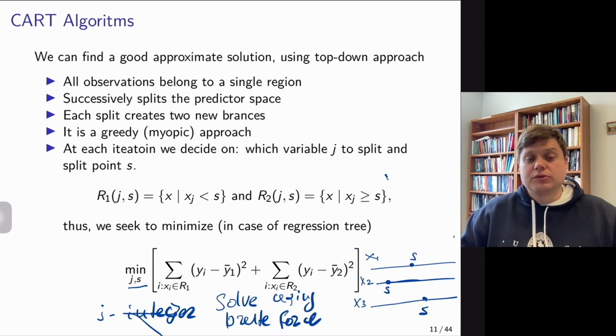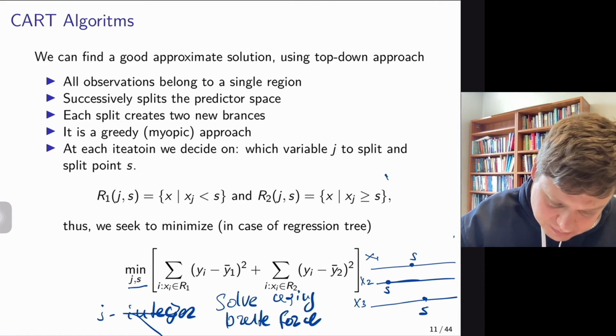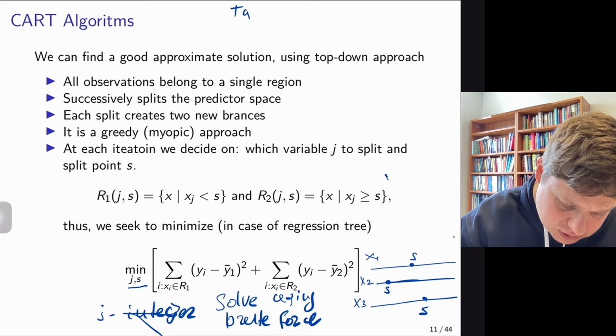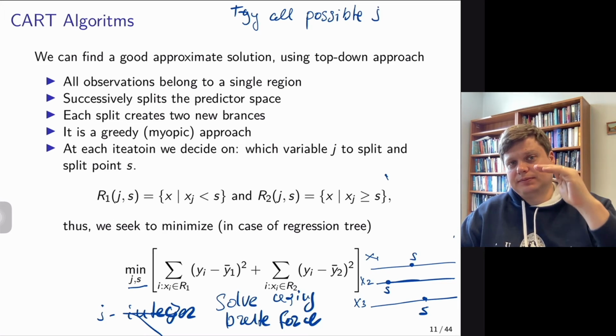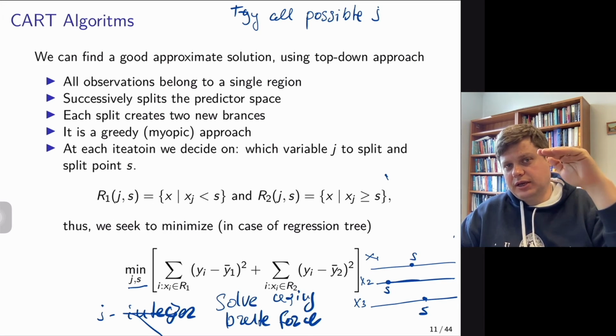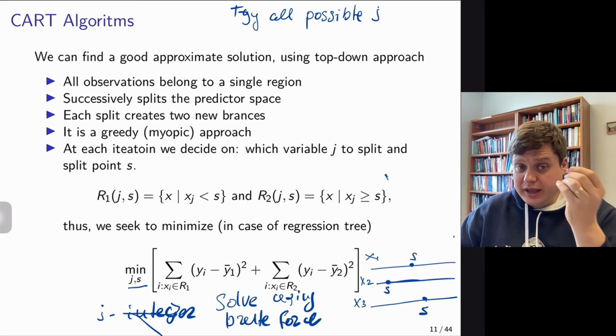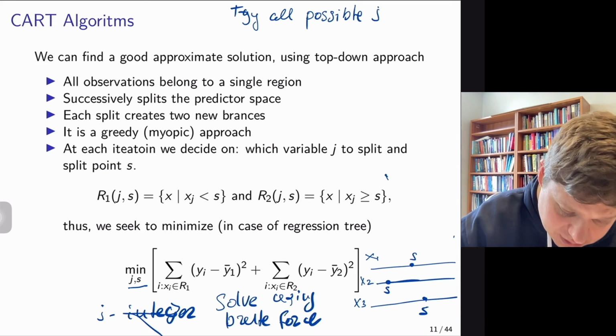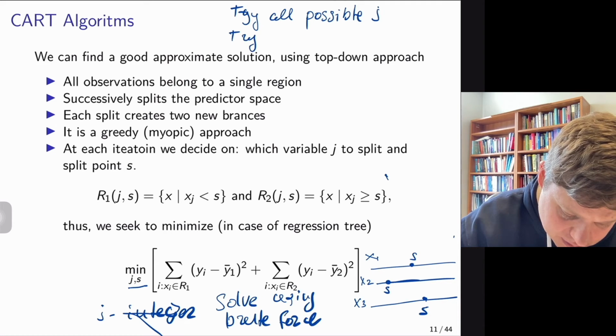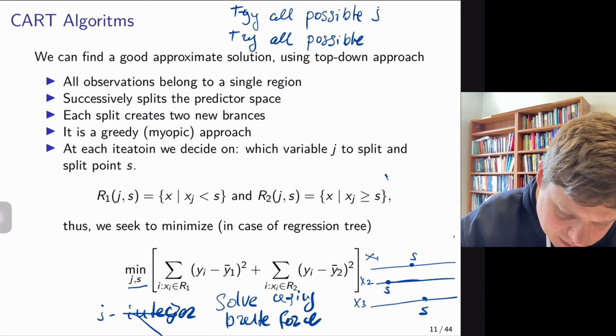How are we solving this using brute force? Well, we try all possible j's. You basically do one variable at a time. You take x1, and then you have to find the point s at which to split, and you try all possible s.